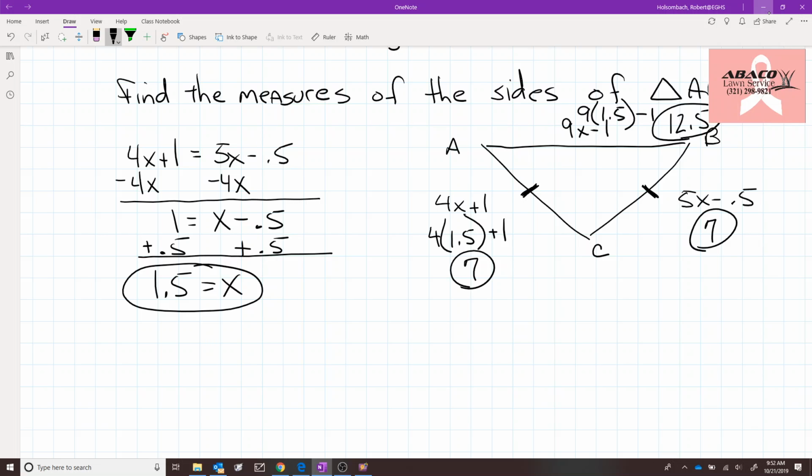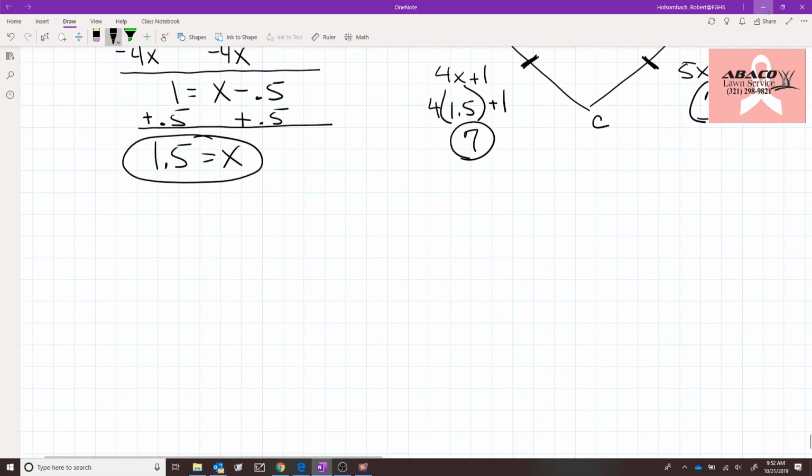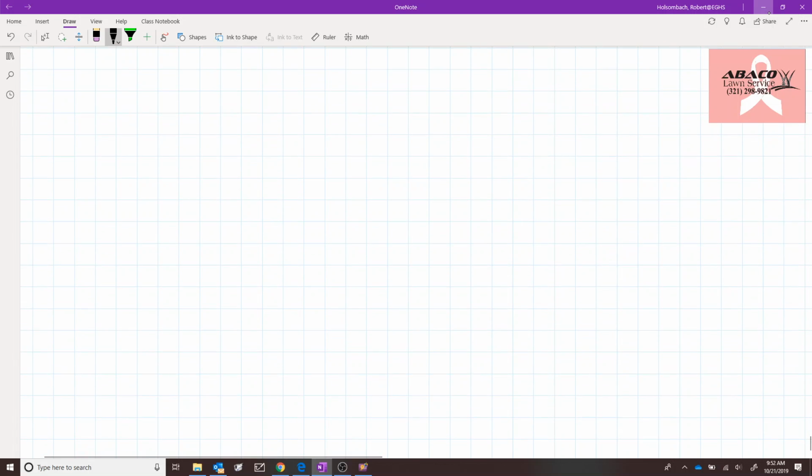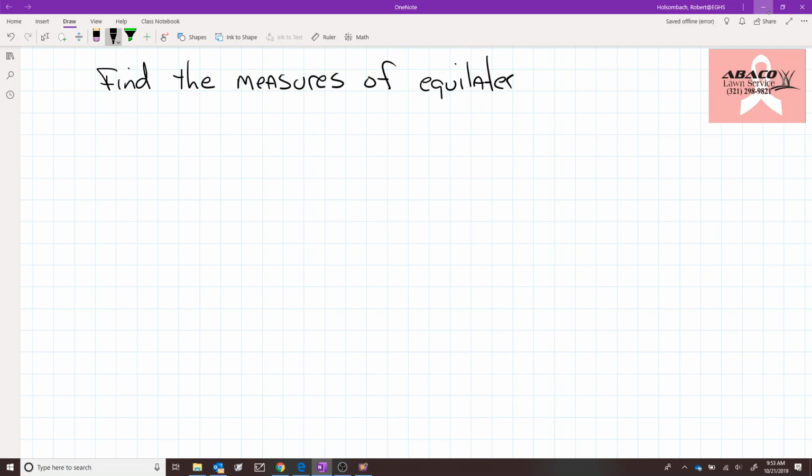If you were given the same type of problem, find the measures of equilateral triangle FGH.